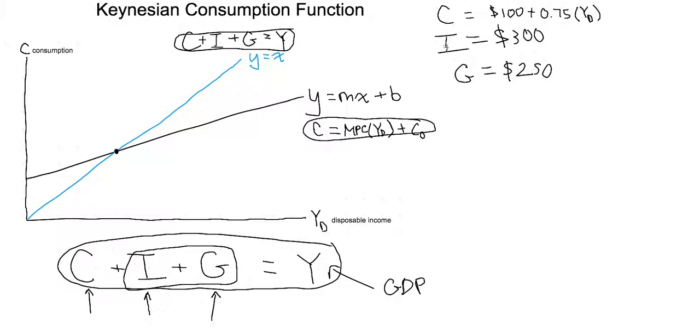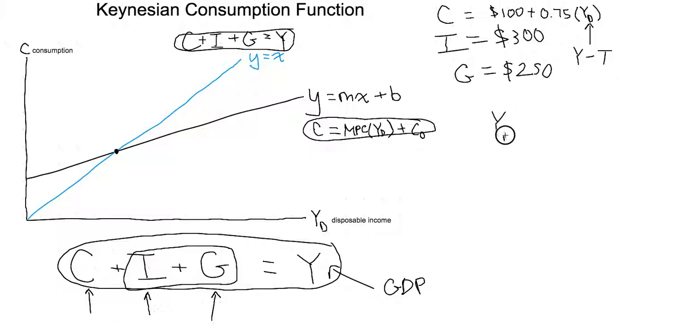So what we'll do is we will plug the right side of each of these equations into this mega equation, C plus I plus G equals Y. And we will now split Y sub D into two components, Y minus T. So we're going to replace Y sub D, disposable income, with what it really means.